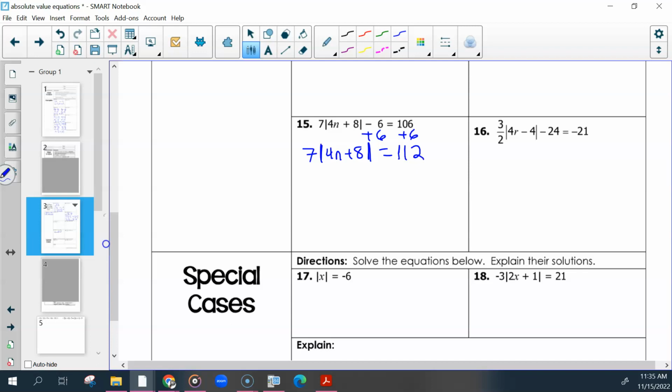So after we add that 6, now, Colleen, we can divide both sides by 7. Do that and tell me what you get. Hannah, 16.